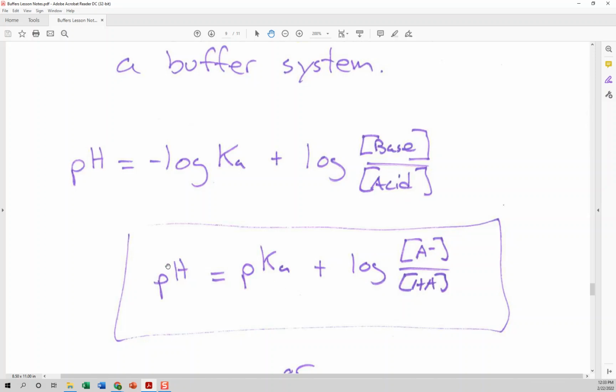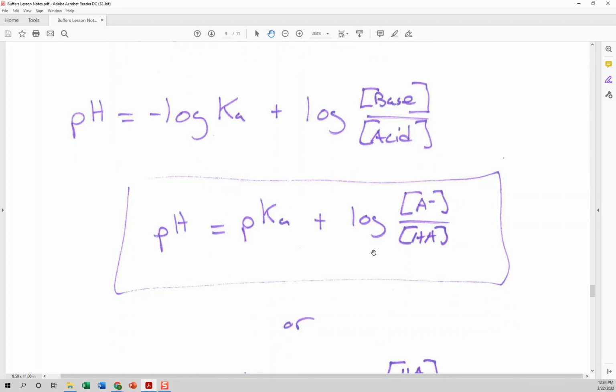So if we did a generic buffer solution, it would be pH equals pKa, the negative log of the Ka of this acid, whatever HA is, plus the log of the concentration of A minus over the concentration of HA. It's always base over acid when it's pH. This equation is called the Henderson-Hasselbalch equation. So when you have a buffer system, boom, reach for the Henderson-Hasselbalch if you have to calculate the pH.